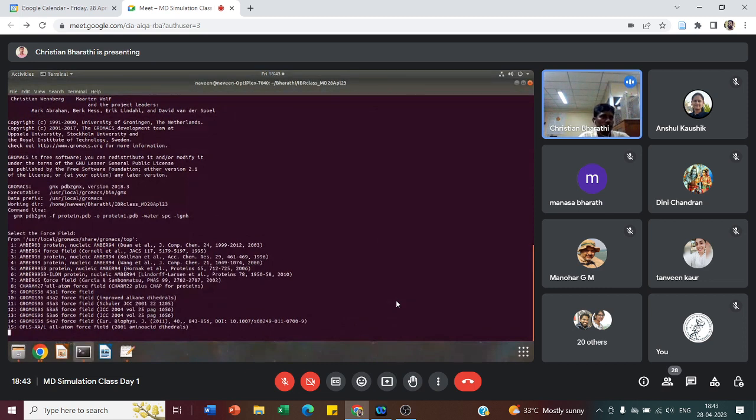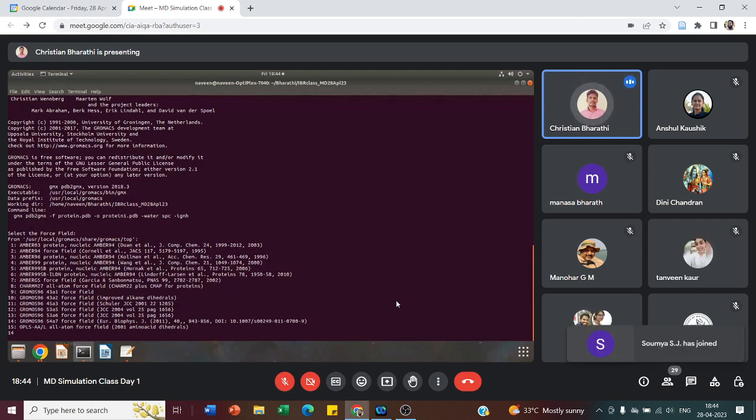it will ask for the force field. We have to select the force field for the MD simulation. These 15 force fields are here. We have taken a protein molecule for MD simulation, so any force field apt for protein processing is fine, and I'm going to give 14.